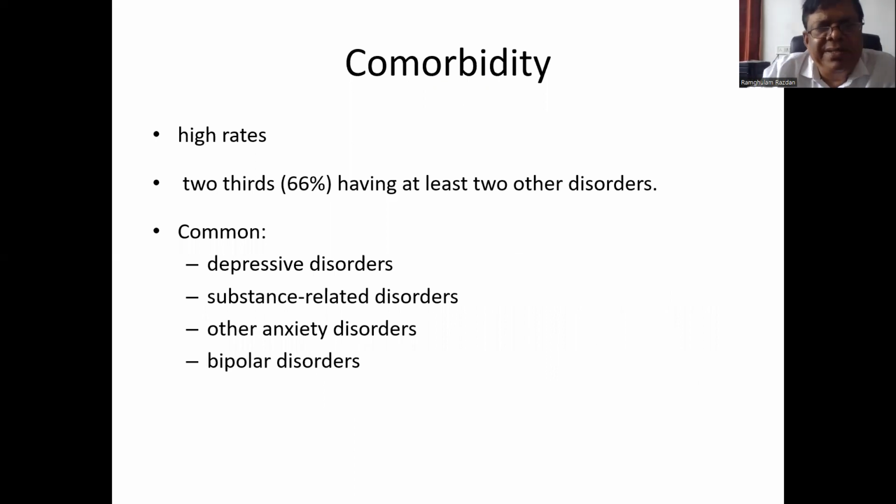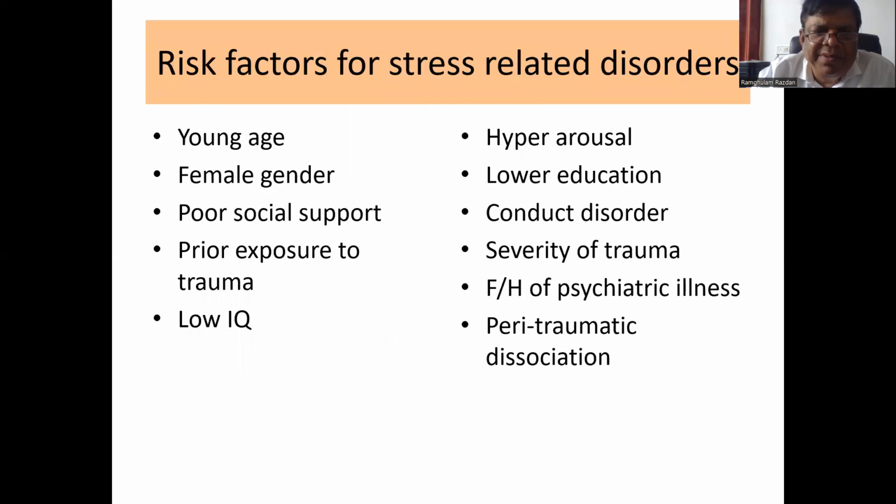Comorbidity: high rates of certain disorders. Two-thirds have at least two symptoms. Common are depressive symptoms, substance abuse, anxiety, bipolar disorder. Certain hard facts I like to keep, certain practical aspects also. It may happen usually in young age or in older age.